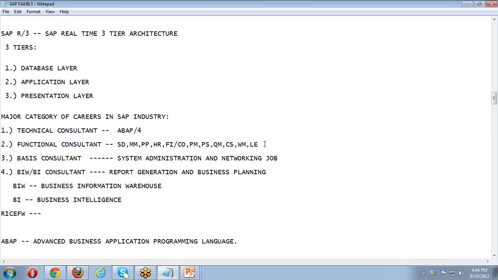So I'm talking about functional consultants first. All the senior functional consultants from IBM will go to the client place at Johnson & Johnson. They go there, they stay there, and they try to understand the manual business processes going on at Johnson & Johnson.